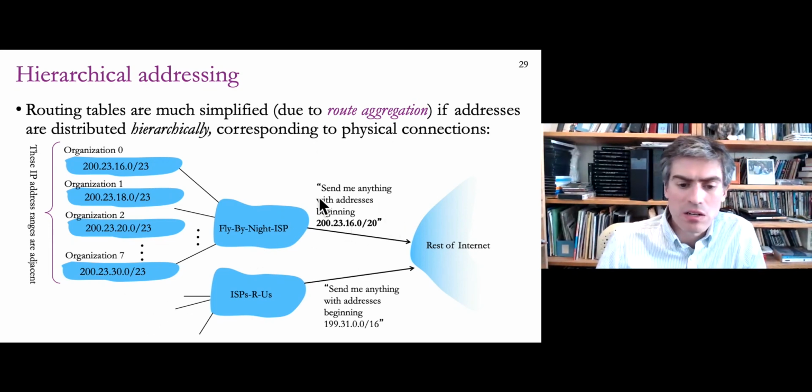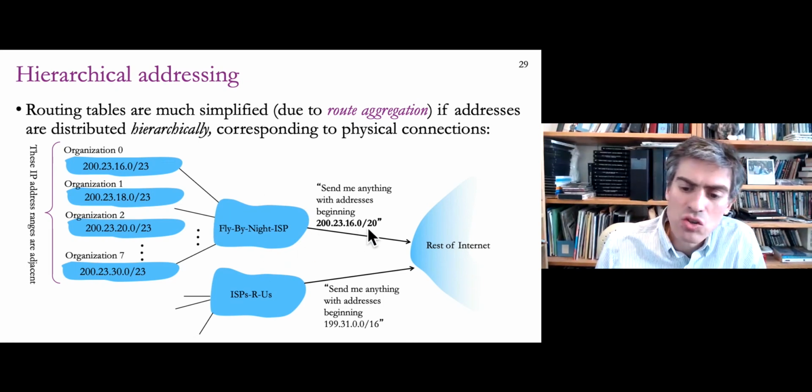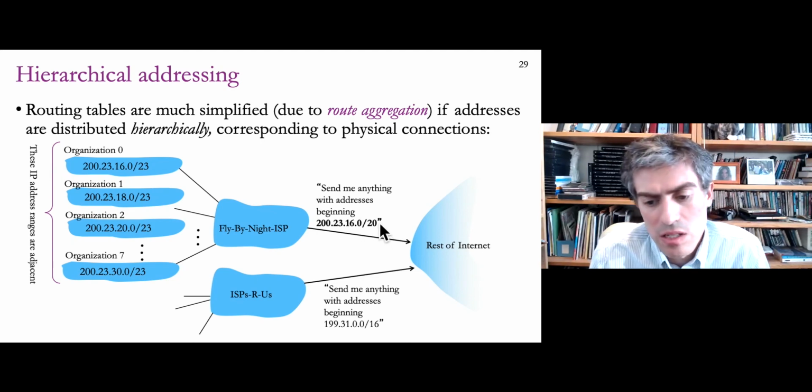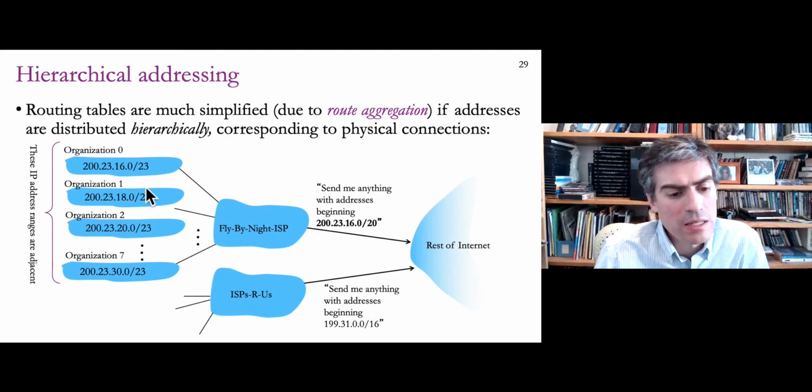So let's consider an ISP here. It's called fly-by-night ISP, and it was given by ICANN a certain block of IP addresses, a /20 block, which is specified here. What this ISP does is sell those IP addresses, as well as connections to it, to 8 different organizations. It has split up this block into 8 pieces.